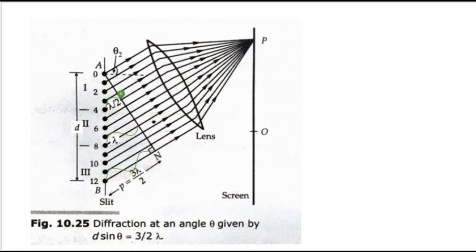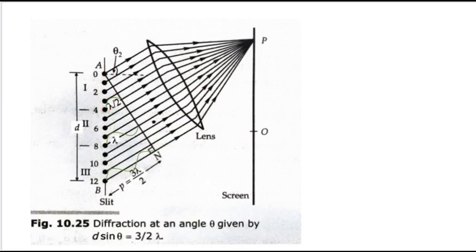So now if you look carefully, consider your light coming from your first and your second half. Consider only these two halves for now. From these two halves, consider the light approaching from this point O and the light approaching from this point 4.